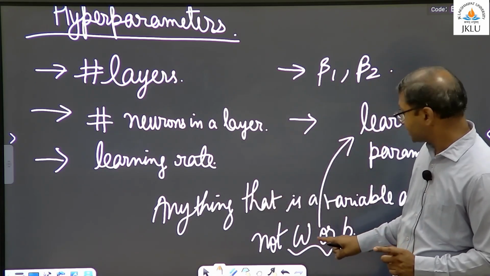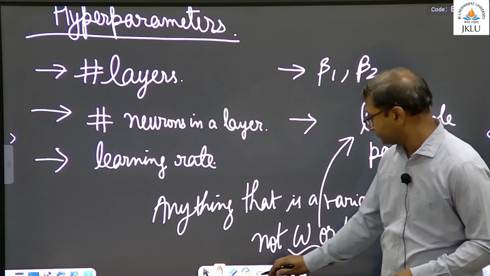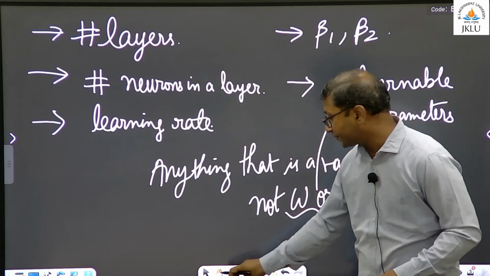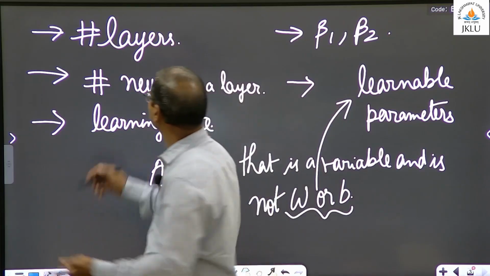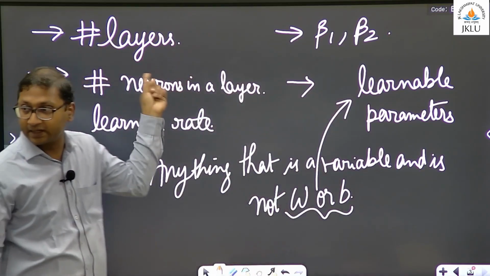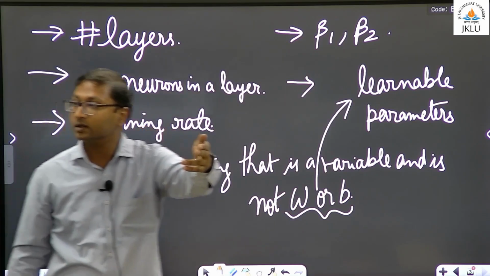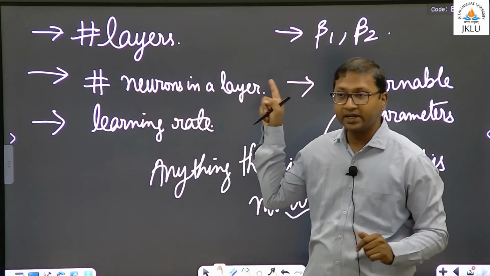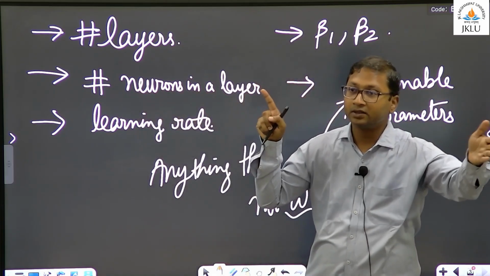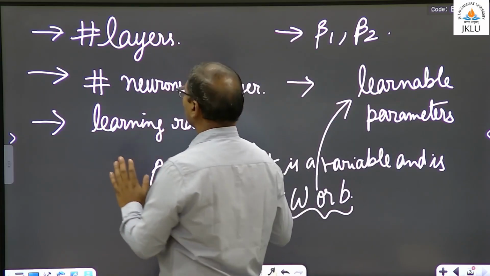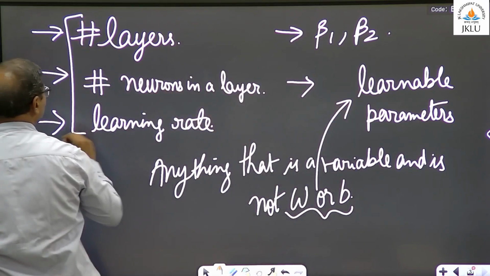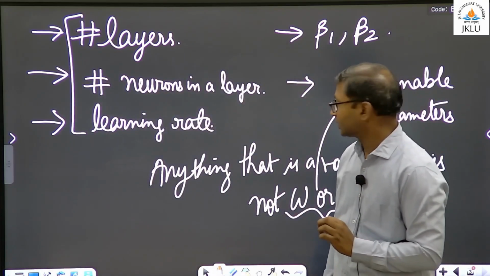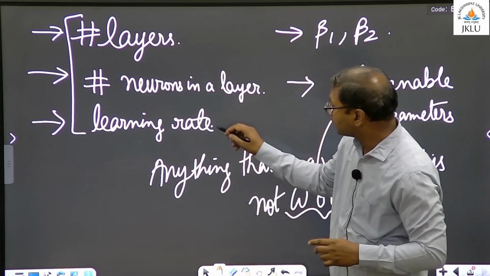Learnable parameters depend on hyperparameters, because hyperparameters will tell you how many layers there are, and that will eventually dictate how many learnable parameters you will have. Neurons in a layer will also dictate the number of parameters. So these three are some of the most important hyperparameters. Okay. Now the most important being this one.